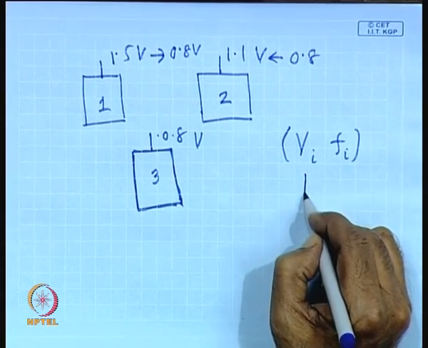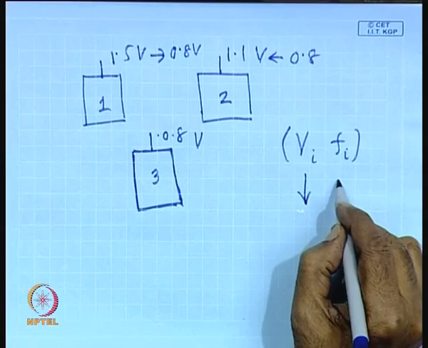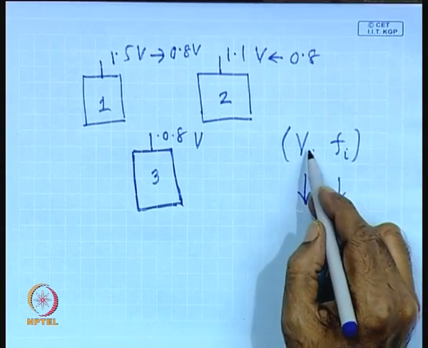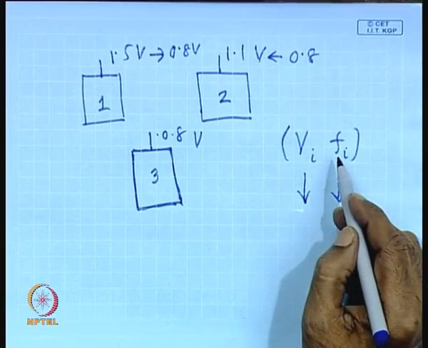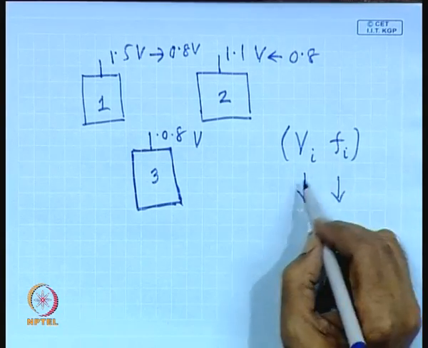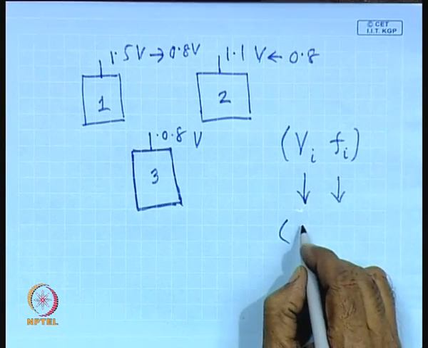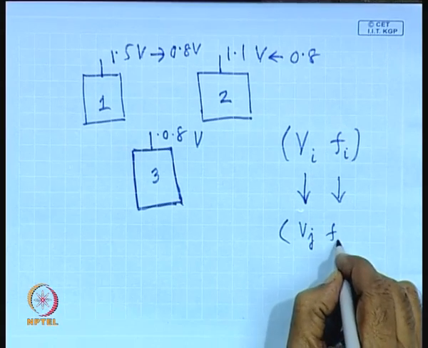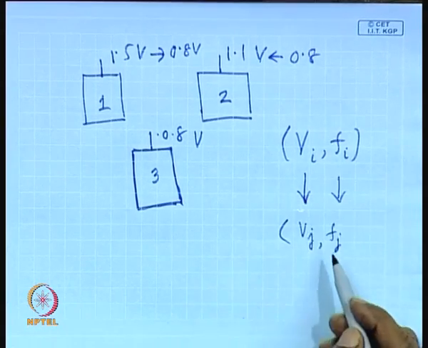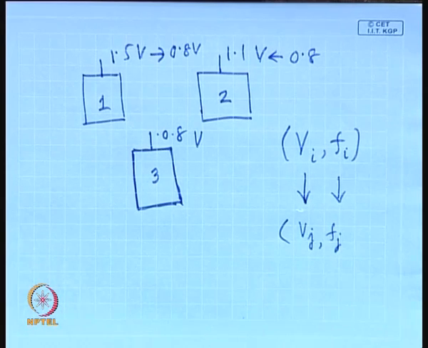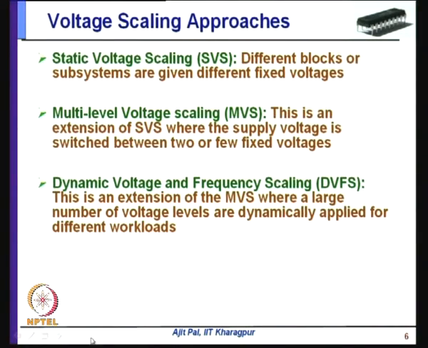Because as we know, as we reduce the supply voltage, you have to reduce the frequency of operation as well, because as you reduce the supply voltage, the delay increases. So, it will operate at lower frequency at lower voltage. That is the reason why as you go from one workload to another workload, you will change from Vi Fi to maybe Vj Fj. So, this is another pair. This is known as dynamic voltage and frequency scaling, and in this particular case you have got a large number of voltage frequency pairs, not few as was done in case of multi-level voltage scaling.